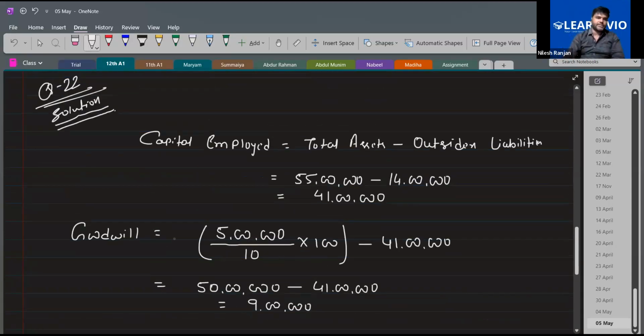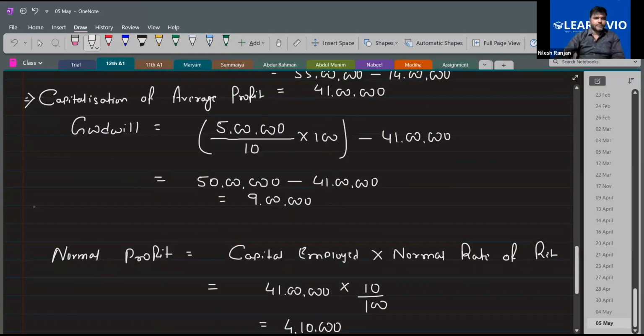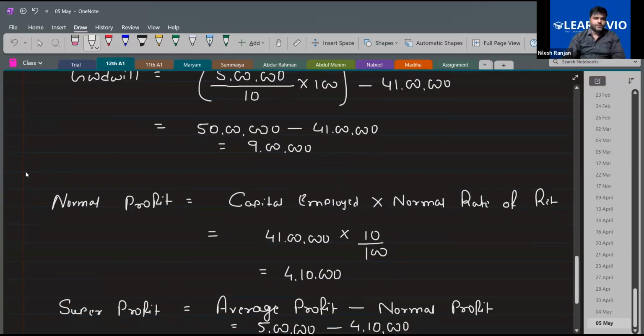The first one is capitalization of average profit and the second one is capitalization of super profit.